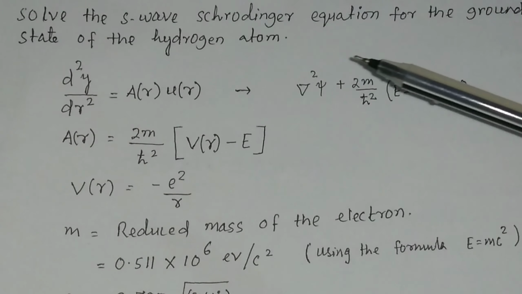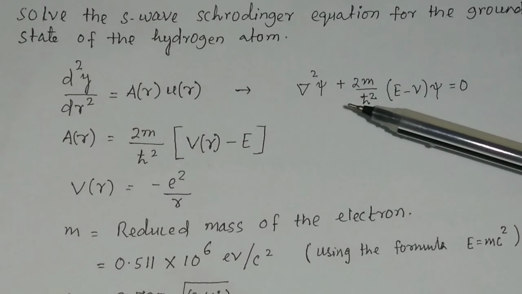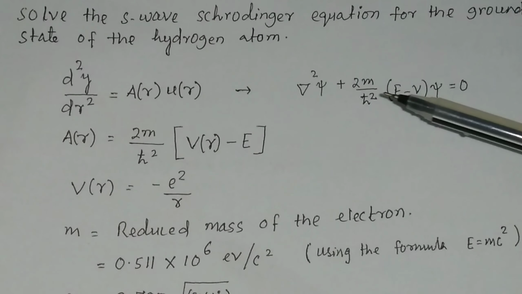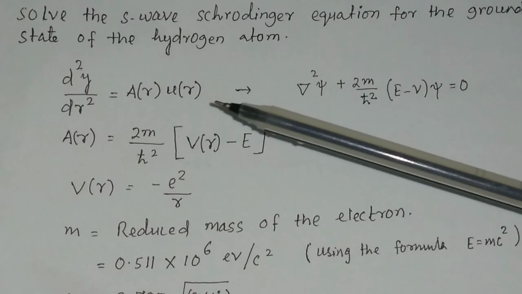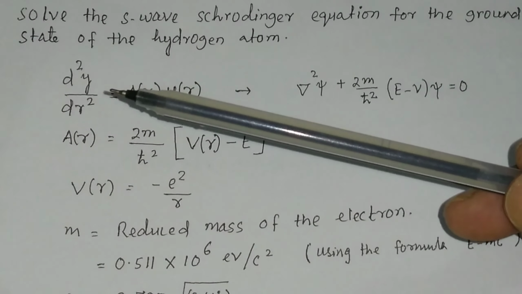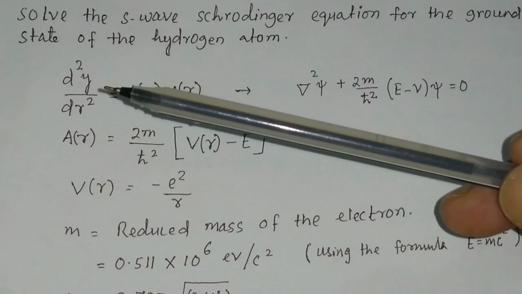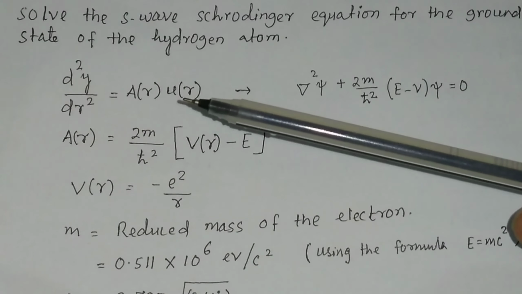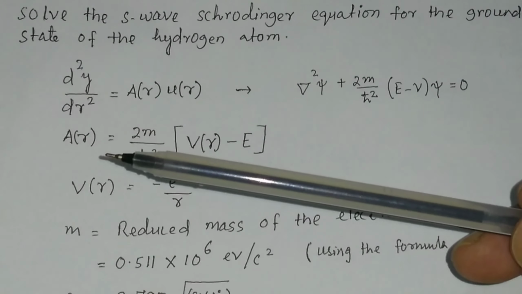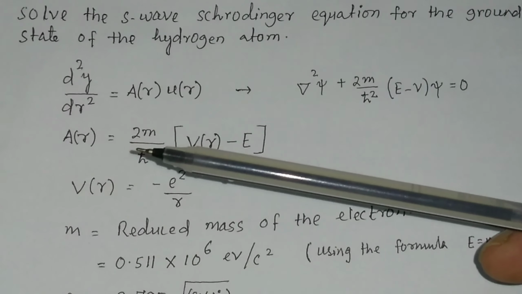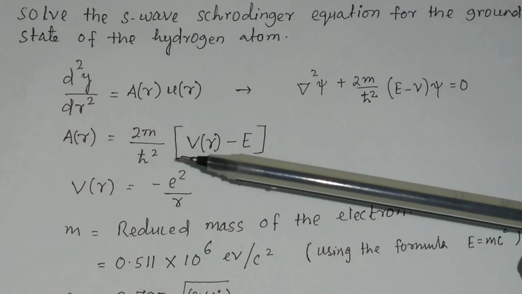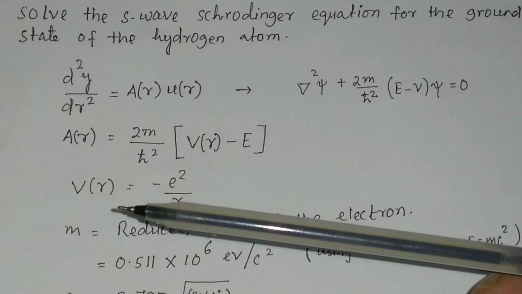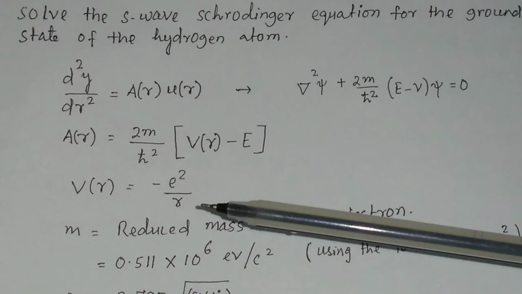As you know, this is the well-known Schrodinger equation, which is a function of space only. Here there is no time, and it is given by the second derivative of u with respect to r equal to A(r) u(r), where A(r) is given as 2m divided by h cross squared into (V minus E), and the potential energy V equals minus e square by r.